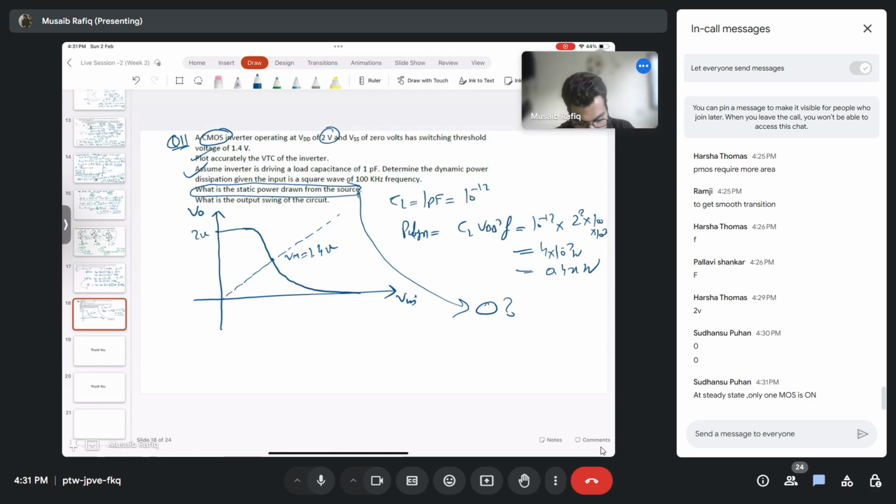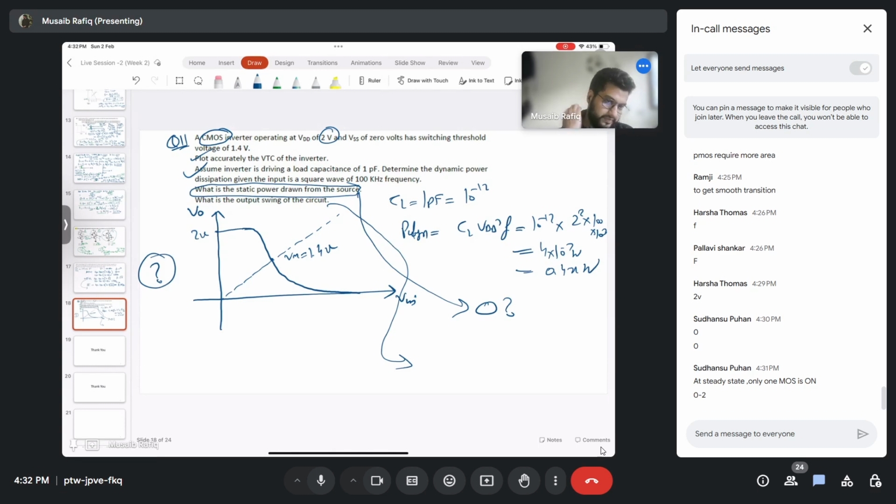Exactly. What is the output swing of the circuit? From where to where does my output swing? Just look at the VTC, you can get the answer. Yes, 0 to 2 volts.